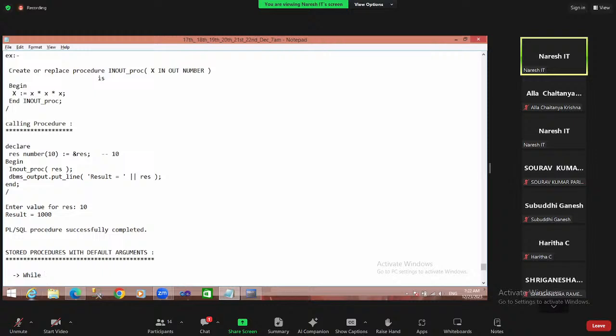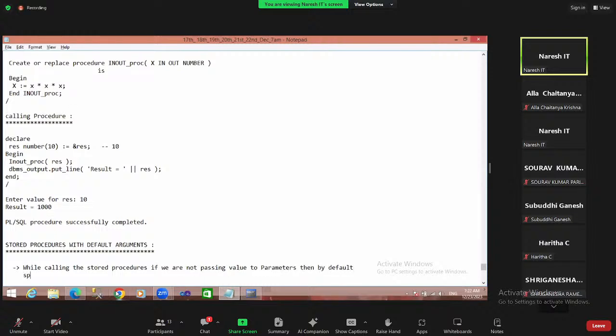While calling the stored procedures, if you are not passing values to parameters, then by default the specified default values are taken.